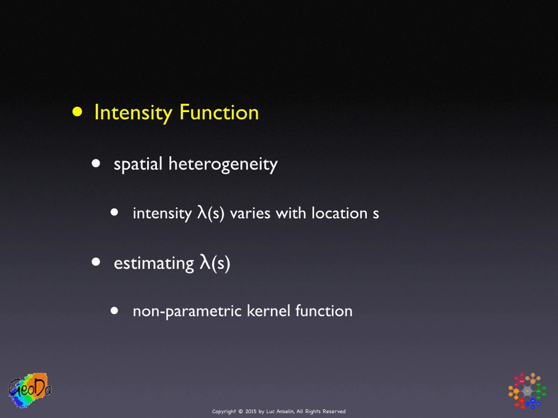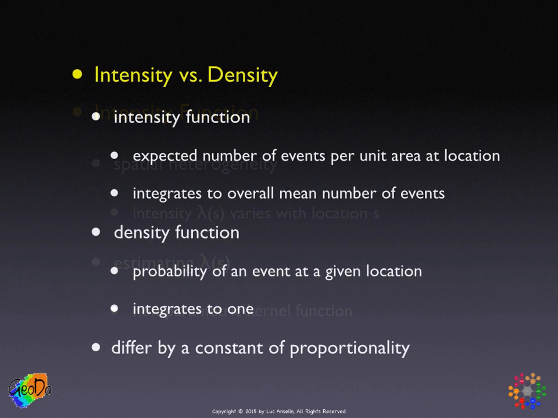And it's important to point out, and this is a common source of confusion, that there is a difference between the intensity function that is used in point pattern analysis and a density function that is used in standard statistics. It's not a major distinction because they're basically the same but rescaled.